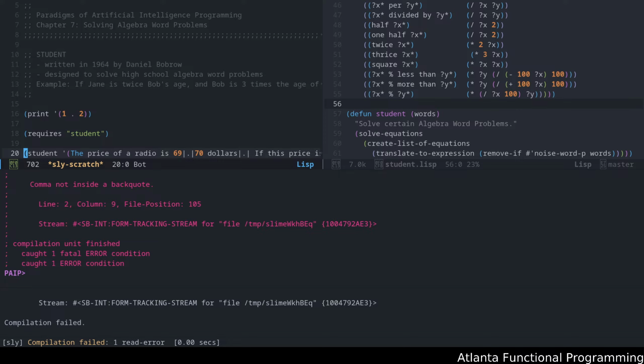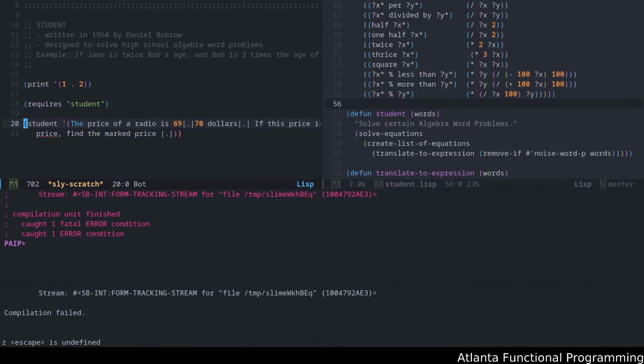Compilation failed, and that is because of a comma inside a backquote. So I forgot to also deal with the comma, because comma is also a special character in Common Lisp.